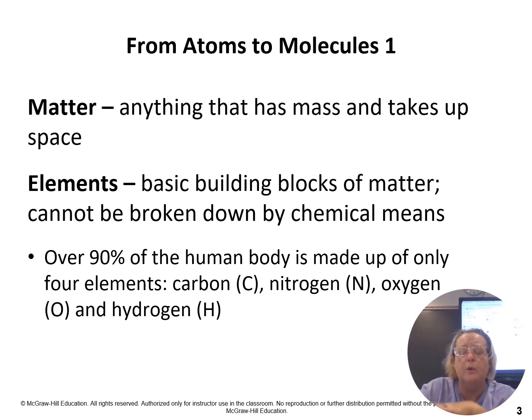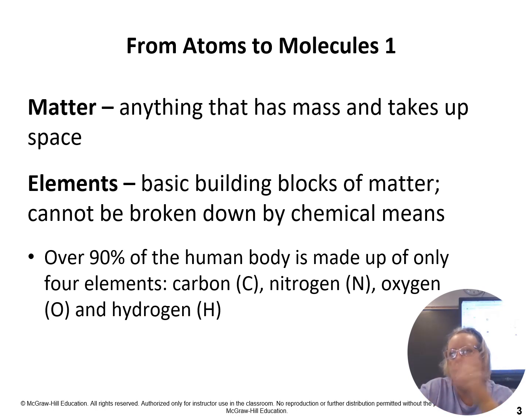Now, when we're talking about human biology, there are 4 elements that we talk about most of the time: carbon, nitrogen, oxygen, and hydrogen. That is because those are the organic molecules. Carbon technically is the organic, but the other 3 are in there. Those are the 4 elements that make up 90% of the human body. Are there other elements? Sure.